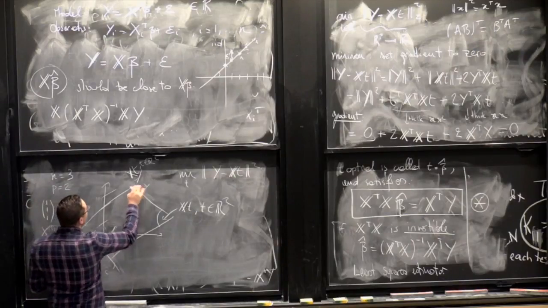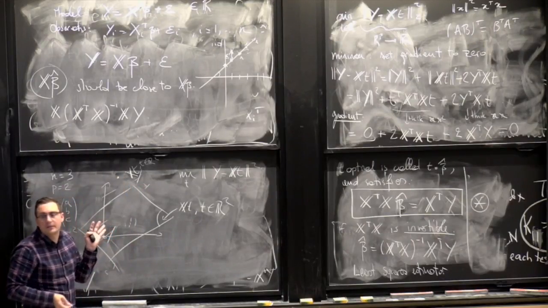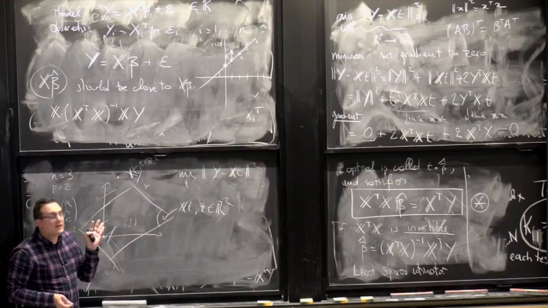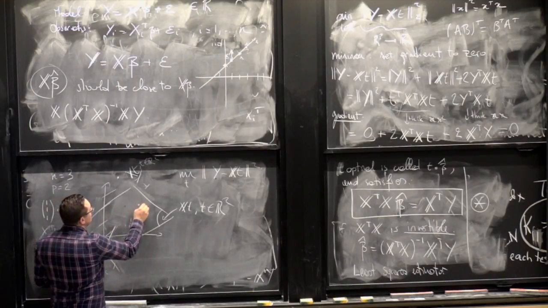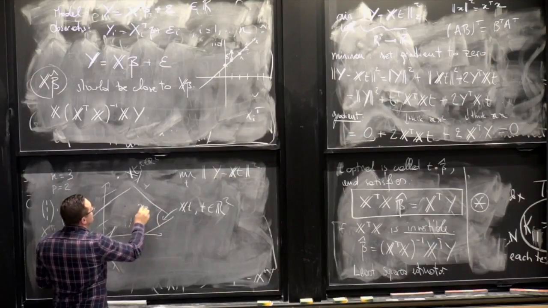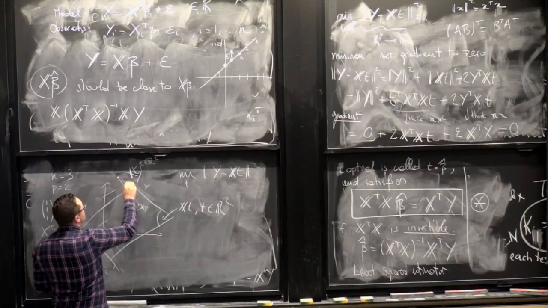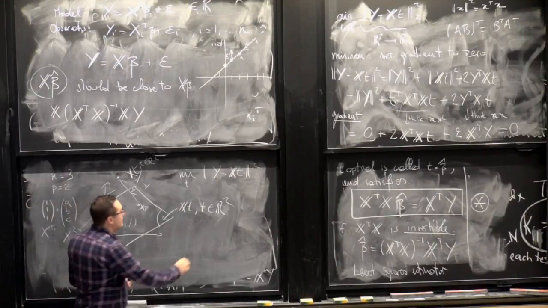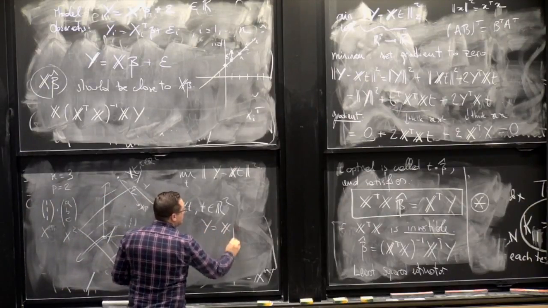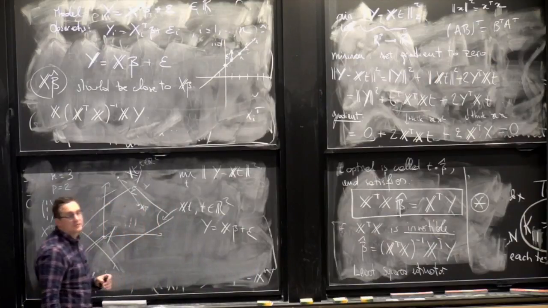So now y is not necessarily in this plane. Y is actually something in this plane, x beta, plus some epsilon. Y is x beta plus epsilon.